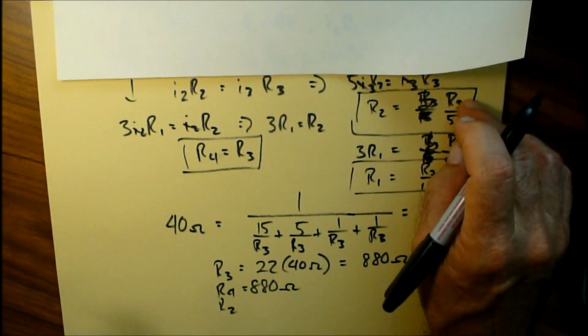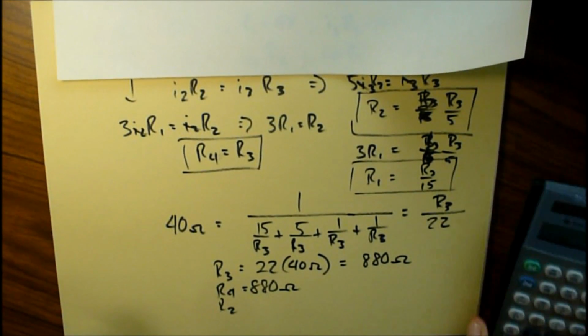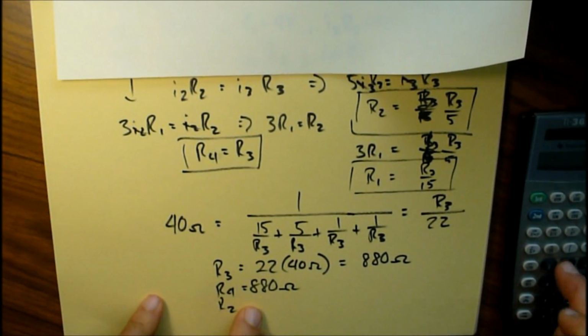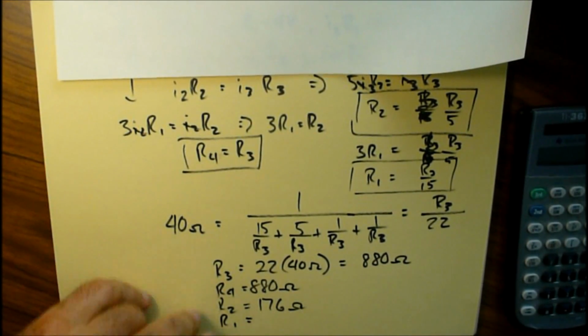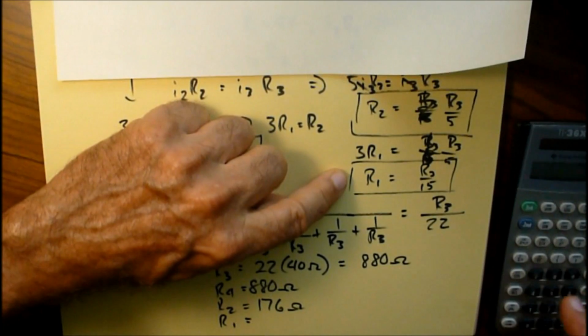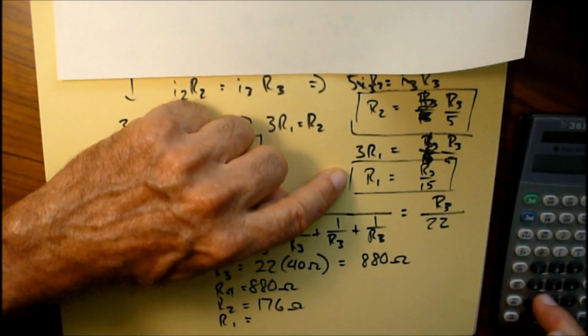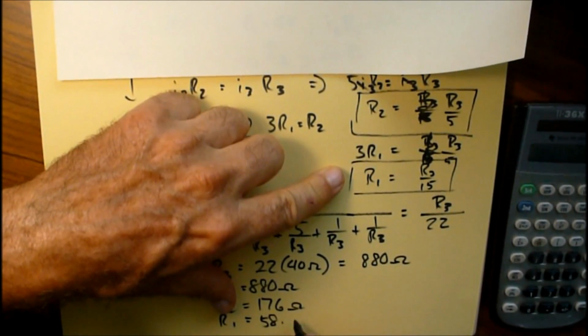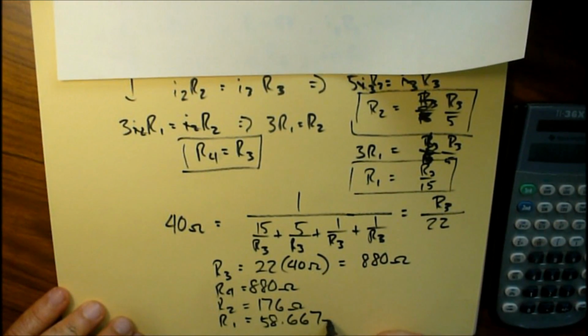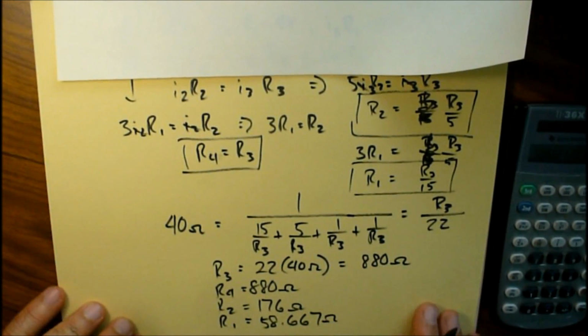Well, R3 divided by 5 is, let's get our calculator out, 880 divided by 5, which is 176 ohms. And then R1 is going to be R3 over 15, so 880 divided by 15 is going to be 58.667. Okay, so we have all 4 of our resistor values.